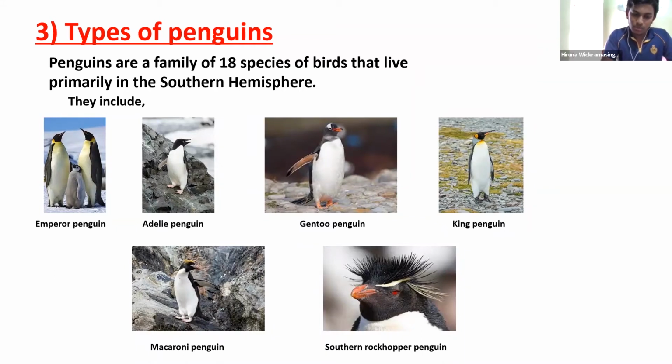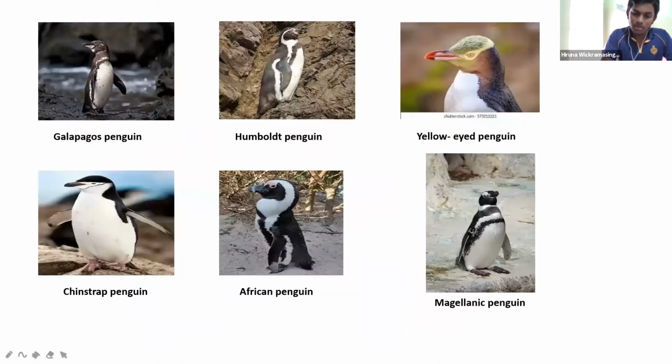Its height is 2 feet. There are about 1 million pairs in the world. The next species is the chinstrap. Their height is about 75 centimeters and they weigh 6 kilograms. Their lifespan is about 15 to 20 years.